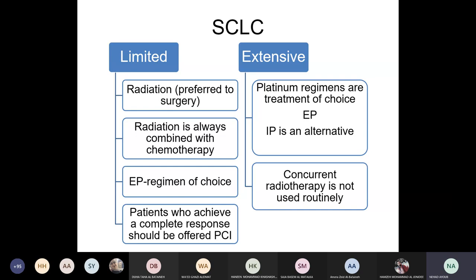You might consider it for very selected cases, unlike limited disease in which radiation is recommended with chemotherapy. But extensive disease is mostly chemotherapy, the EP regimen, first line. Radiation of the chest and lung is not routinely recommended.